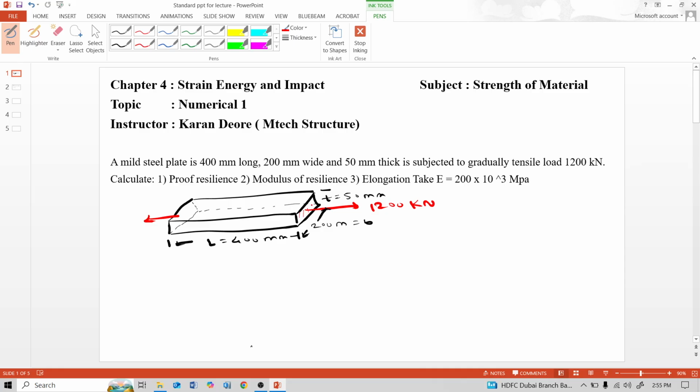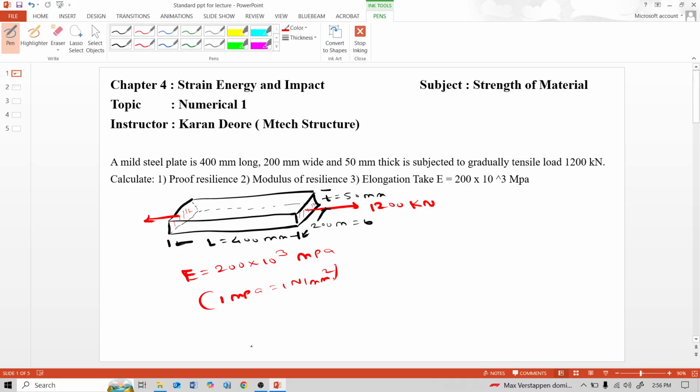This load acts on the cross-sectional surface of the plate. So we have to calculate proof resilience, modulus of resilience, elongation, and the given data is this E, 200 into 10 raised to 3 MPa, and we all know that 1 MPa is 1 Newton per mm square.